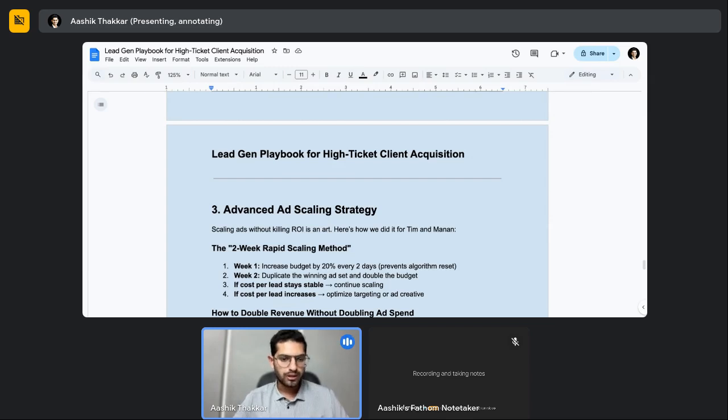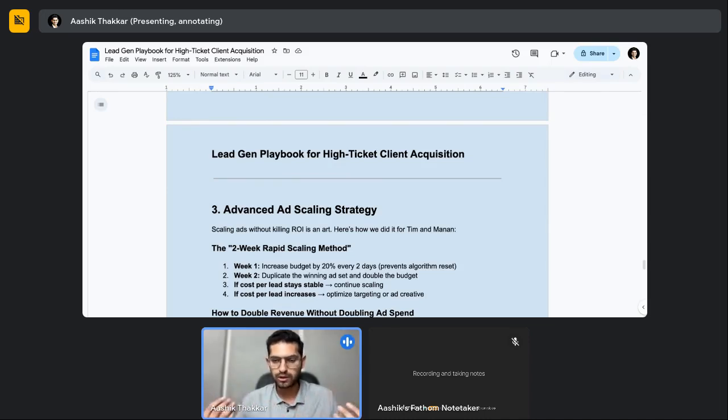Okay, so week one, we increase budget by 20% every 2 days, and this prevents algorithm reset. Yes, that is real, and sometimes Facebook does not let us scale beyond a certain threshold. If we increase budget by over 200 or 300%, Facebook simply flags it because they think this is not possible.